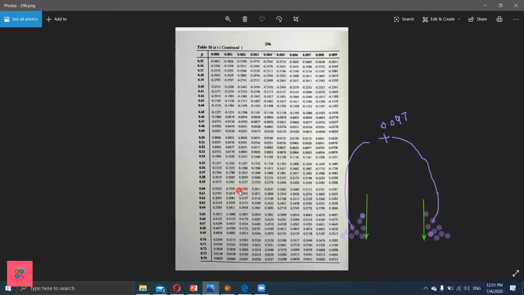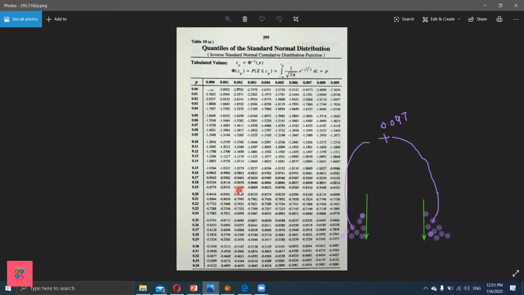By interpolation, the technique is the same one which we have done in finding the probability using the area table. Using that technique, we interpolate the value at 0.0485. We have values on 2 points, 0.048 and 0.049.